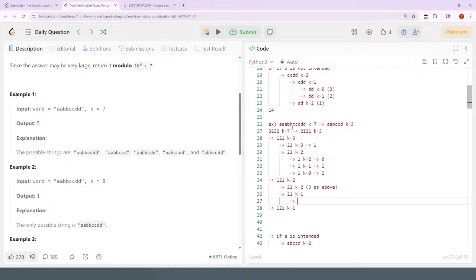That one's new. 2, 1, k equals 1 could be 2, 1, or 1, k equals 1. One way of doing that. Or 1, k equals 0. That's it, because I can't take 2 away from k.